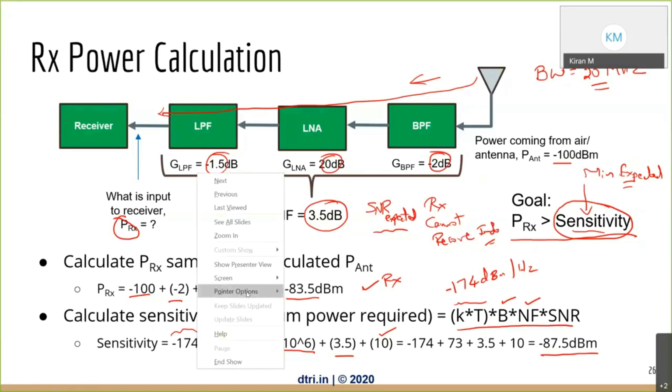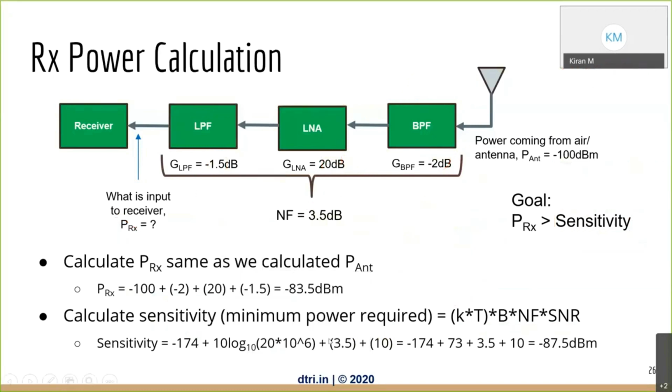Now, what is the goal? What is PRX? I have got minus 83.5 dBm. What is the sensitivity? Minus 87.5 dBm. The question is, is this greater than this? You think, and I'll tell you the answer.